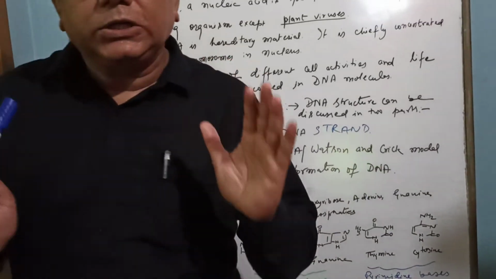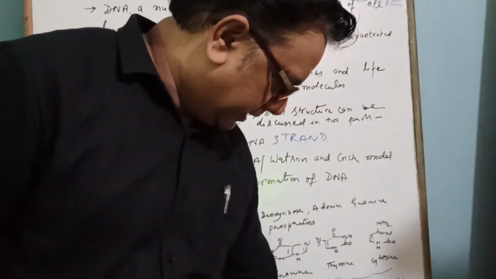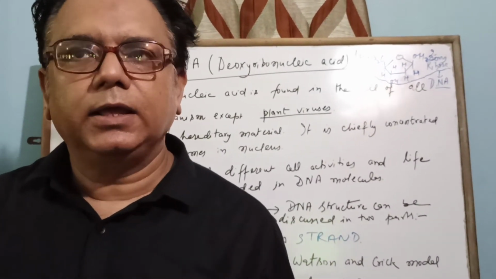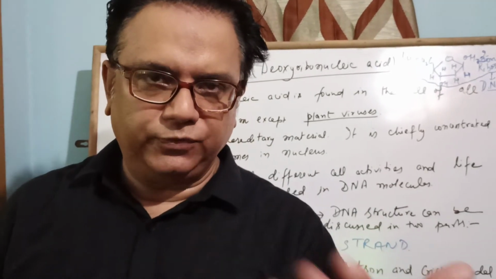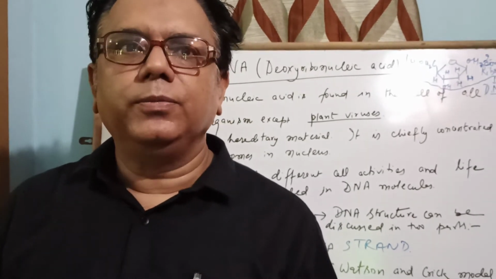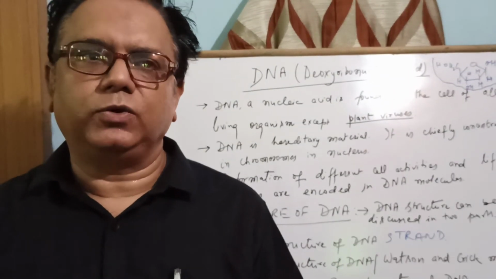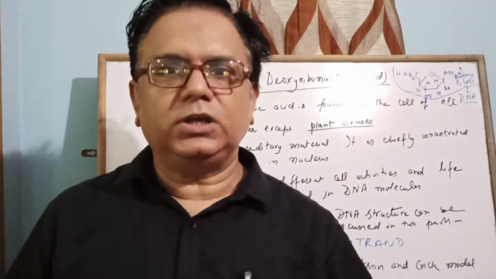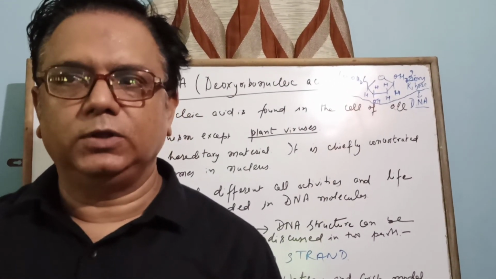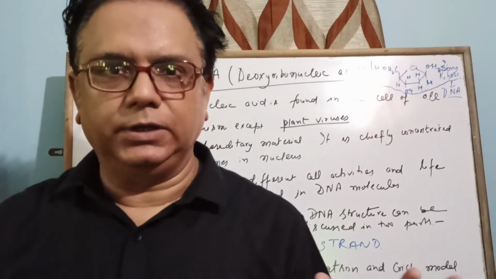Since you get a phosphate residue at the 5' end and a free OH at the 3' end, this experiment confirms that the nucleotides are joined together by 3' 5' phosphodiester linkage, and the structure of the polymeric DNA strand formed by the monomeric deoxyribonucleotides is linear.